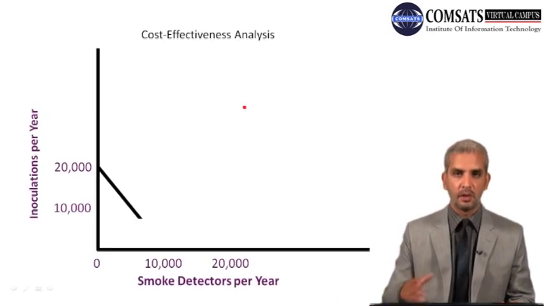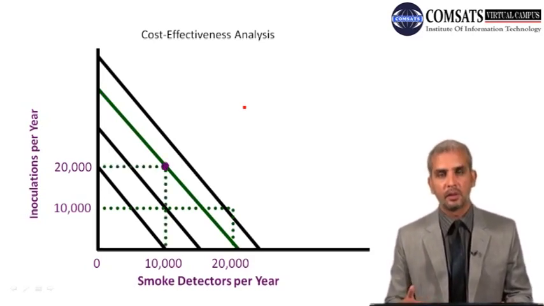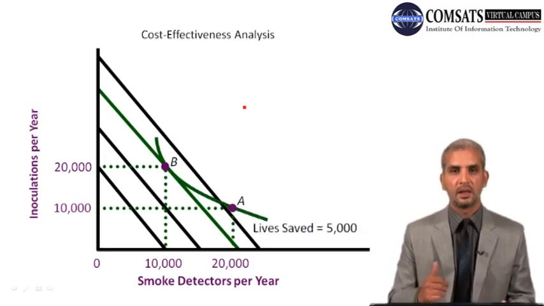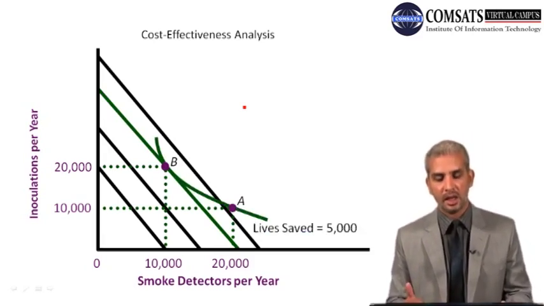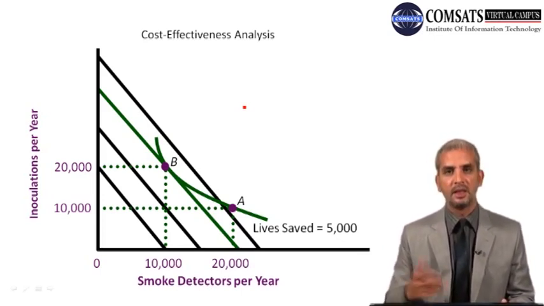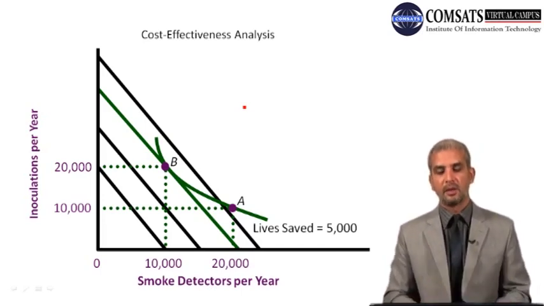As an example, we considered an isoquant and certain budget lines, and this isoquant represented two programs of government agencies, maybe the Fire Protection Department and the Health Ministry or Health Agency, and the objective was to save human lives.